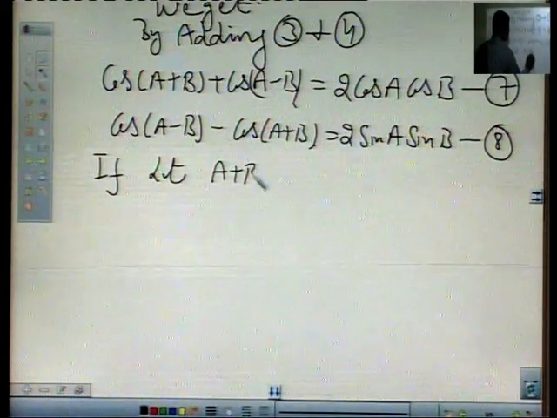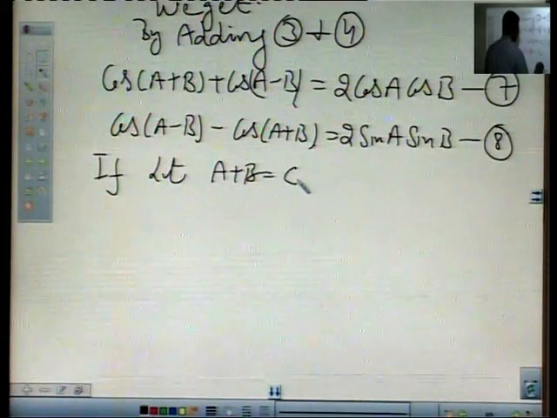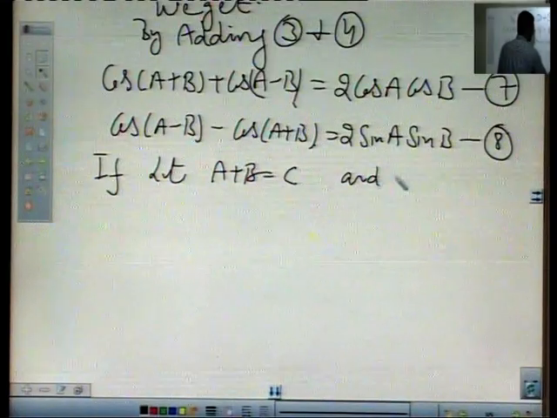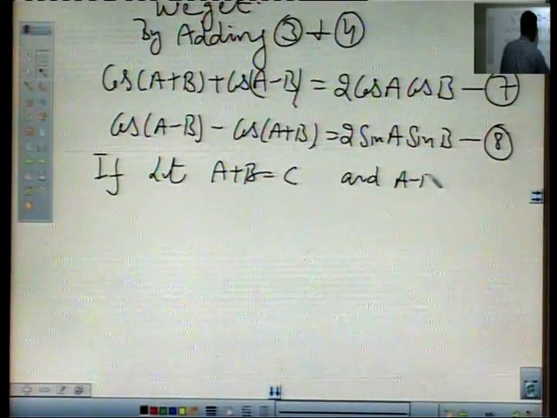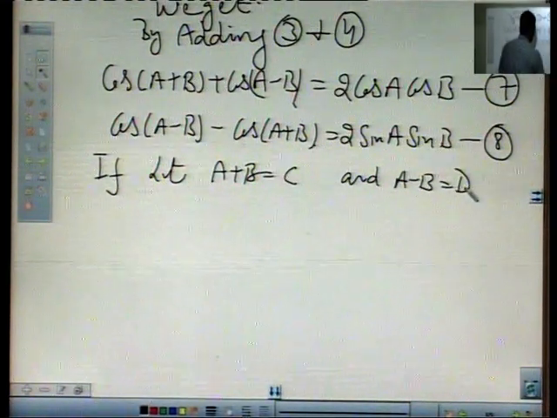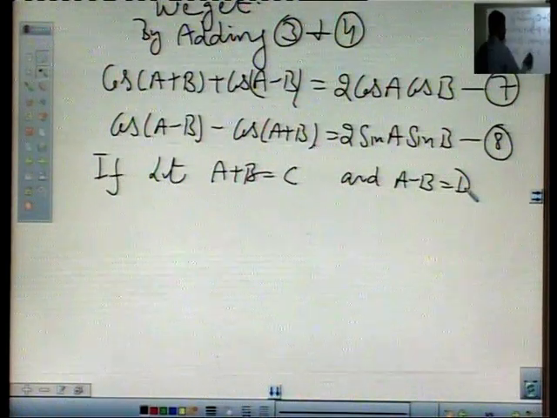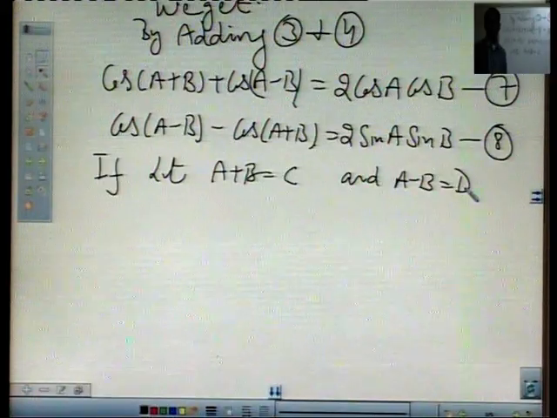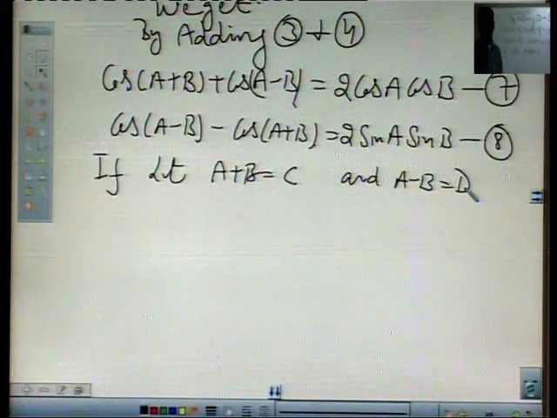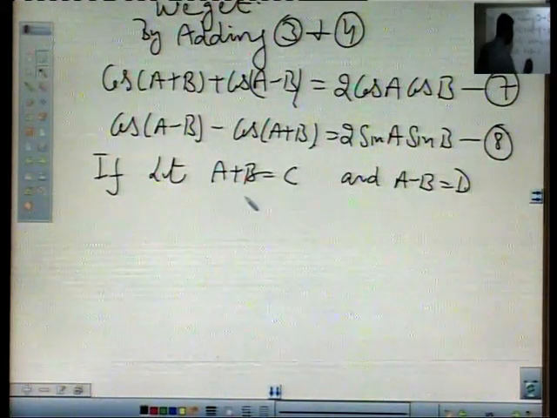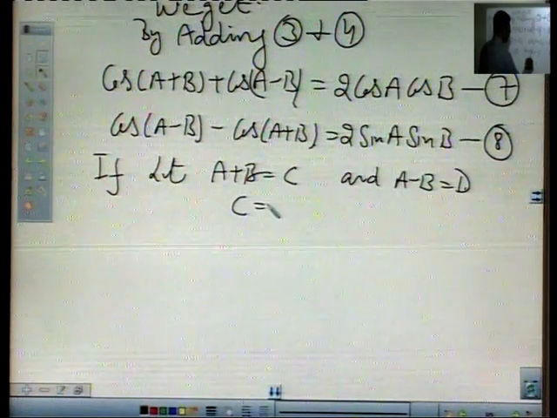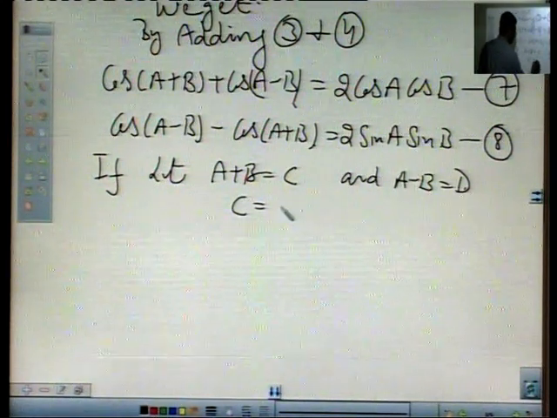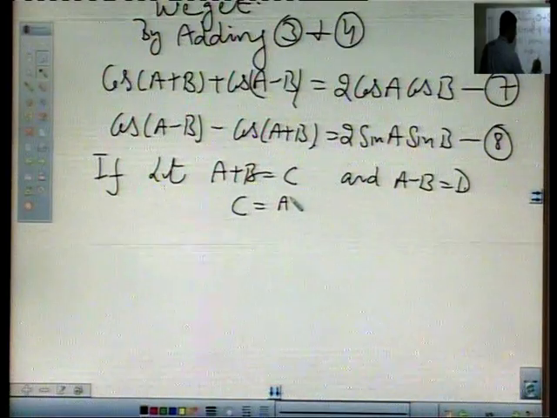Now, if we substitute A plus B is equal to C and A minus B is equal to D, using both these equations, what will we get?